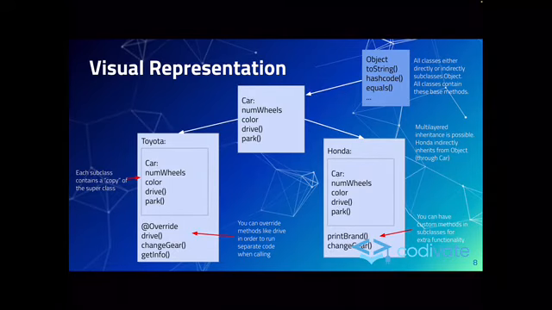Then in addition to that, we also can override methods and define new methods. For example, we could override drive, and this would redefine drive for the Toyota class. We could also make new methods like change gear or get info. In addition, for the Honda, you can create print brand or again change gear.